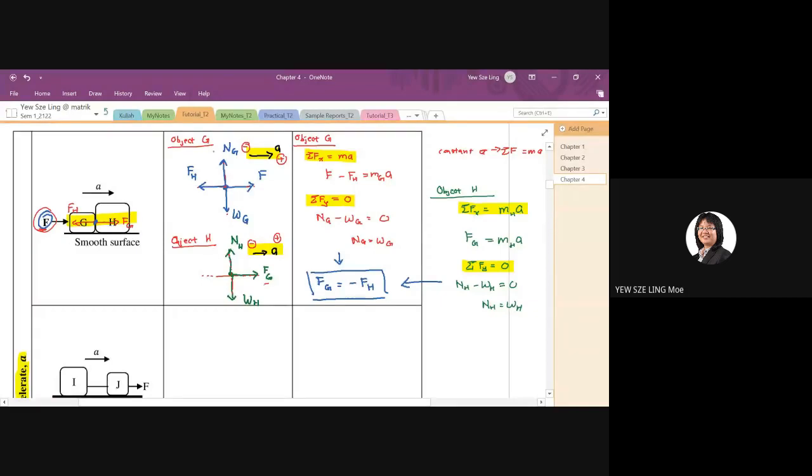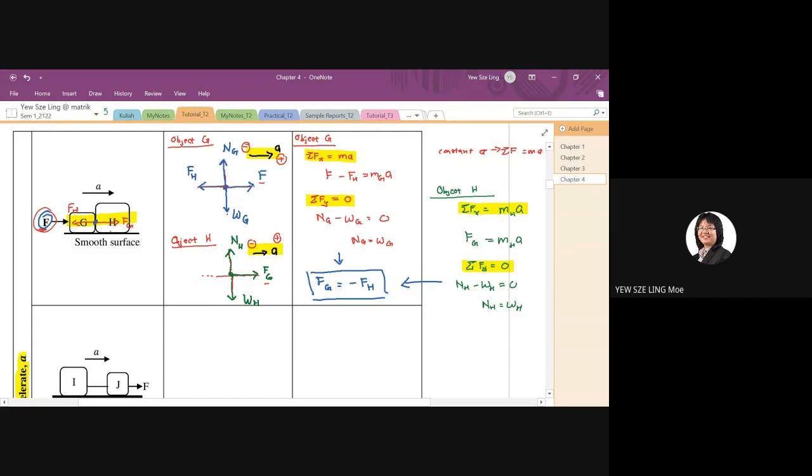But when it comes to object G, the external force is acted directly on object G. Therefore, you have a capital letter F in your free body diagram. And this object G cannot just move freely. Why?